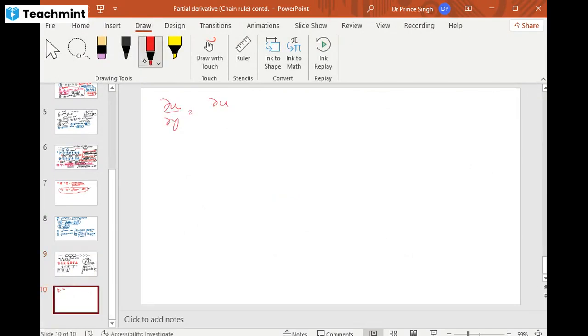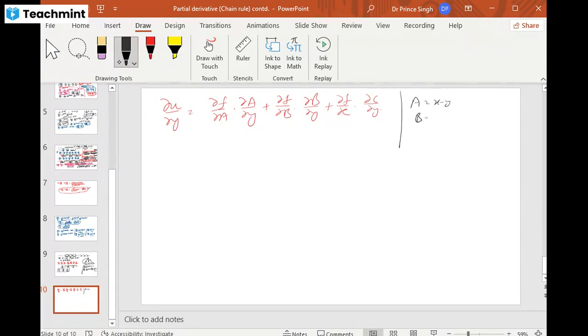So we are going to differentiate f with respect to a and then a with respect to y, f with respect to b, b with respect to y, f with respect to c, c with respect to y. We are given here that a is equal to x minus y, b is equal to y minus z, c is equal to z minus x. So ∂f/∂a remains unchanged.